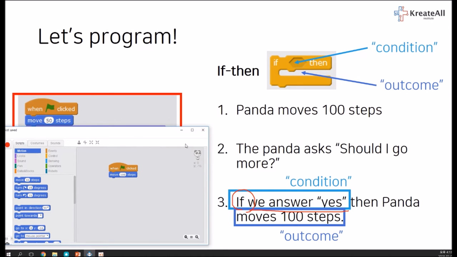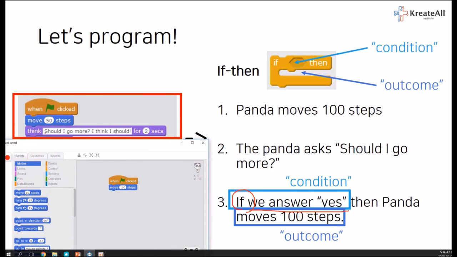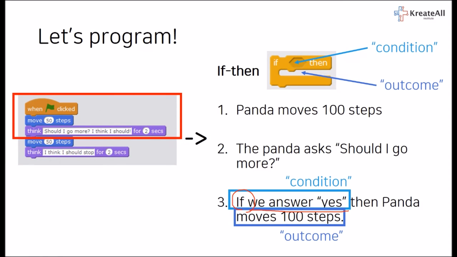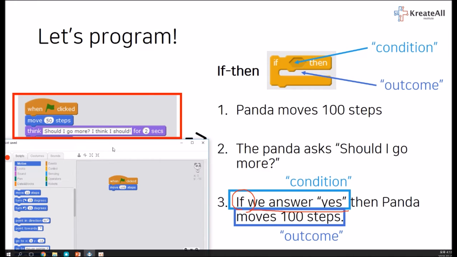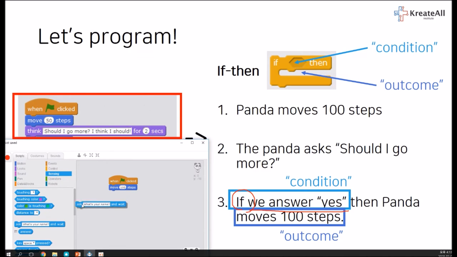And then the second thing it does is it asks, should I go more? So it's not actually thinking or saying. mBlock has a special block called ask something and wait. And this will help us get our answer.